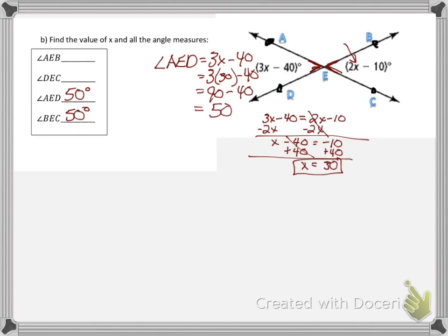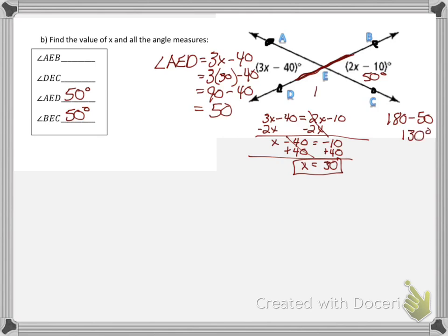Okay, I want to clean this up so that you guys can see this a little bit. So what we had figured out here is that we know that this angle here is 50 degrees. And since that's 50 degrees, it's forming a linear pair right here. So we would take 180 and subtract 50 to get 130 degrees.